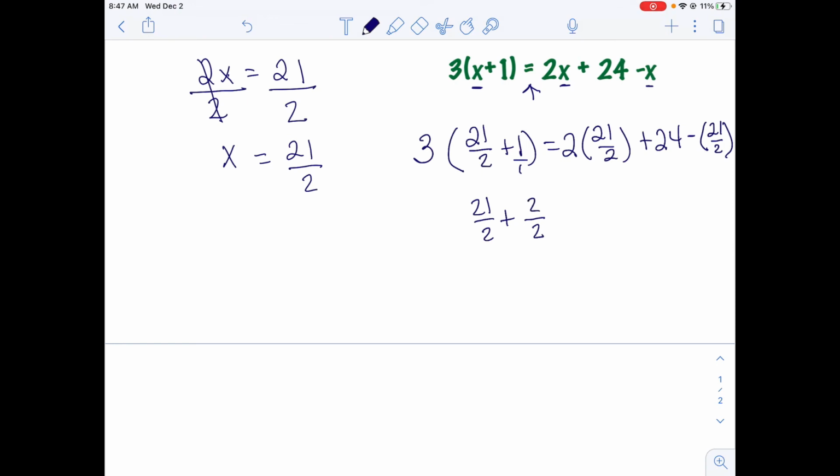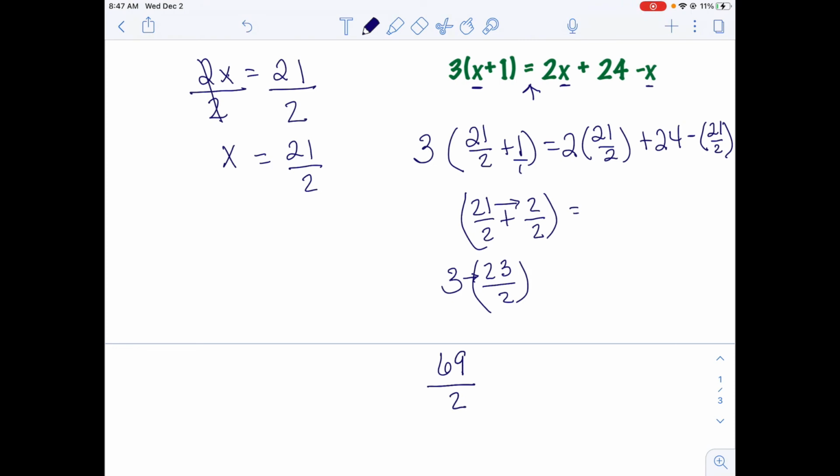Same thing. It still simplifies down to 1. So when I add these together, I end up with 23, because I add straight across 21 plus 2, and I keep the denominator. And I'm going to multiply that by 3. So when I multiply that by 3, I'm just multiplying straight across the top. 3 times 23 gives me 69 over 2. Okay? So that side's been simplified.